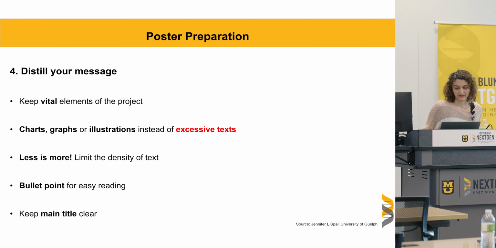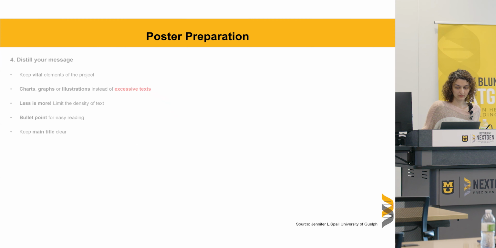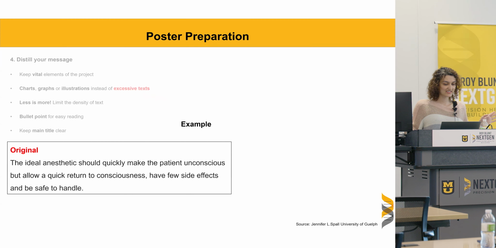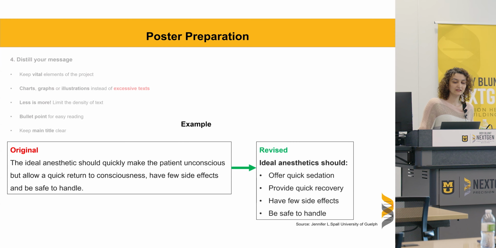And also the main title should be clear. As I said, I have an example of a long sentence that we can revise in this kind of bullet formatting, so it's easier for us to go through it, and for people who are seeing your work for the first time, it's better to see it in this short version.